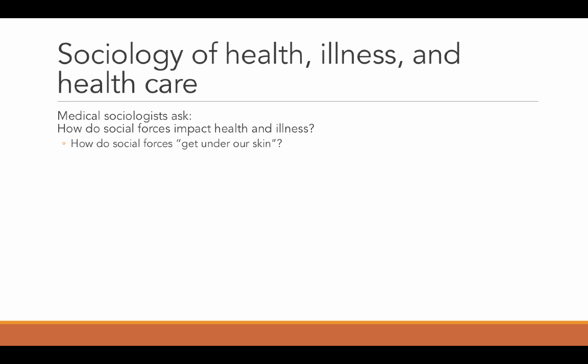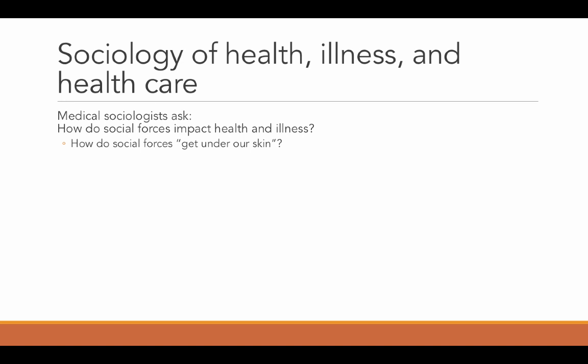So we are not concerned with George's sickness, right? We want to understand why people who have George's sickness have George's sickness, and if there's something that is common about the way that people live their lives or the kinds of environments they find themselves in that might contribute to all of those people having that particular illness.